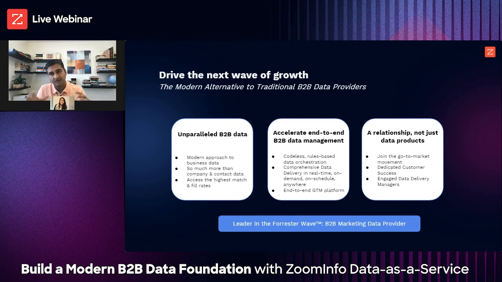Similarly, when you think about B2B data, we have lived in really dark ages where these traditional vendors have been utilizing old methods. How can you have companies in today's world that have survived for 200 years or more? Think about that, the same methods have been used for a very, very long time.